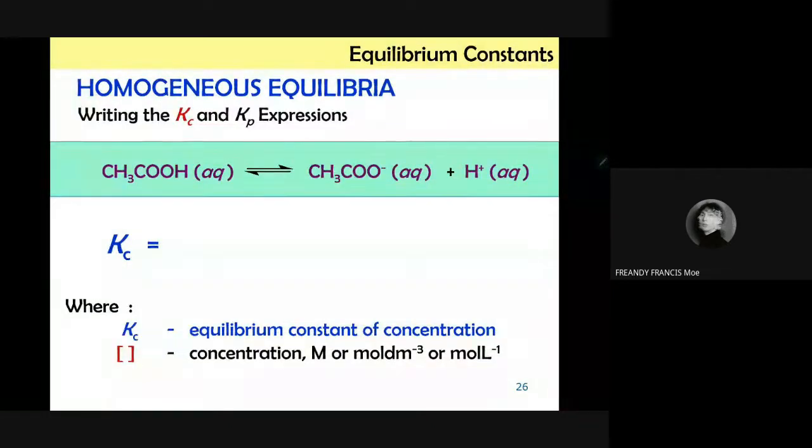Now, kita tengok contoh seterusnya. Writing Kc and Kp expression. So kita ada equation like this. So try to write the Kc now. Again, I give you 30 seconds to write the Kc. Okay, are you done?